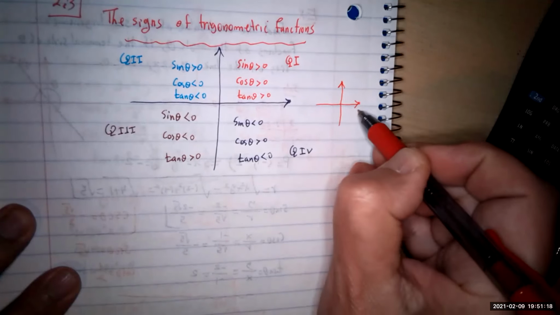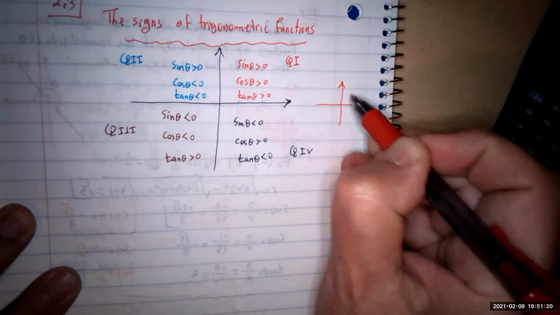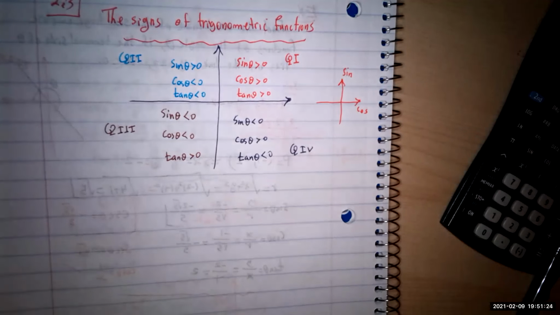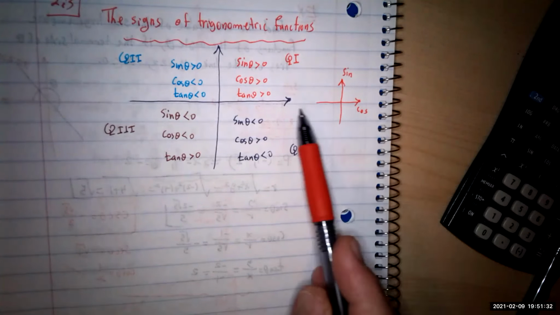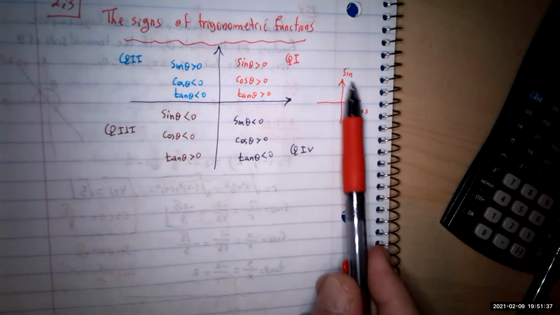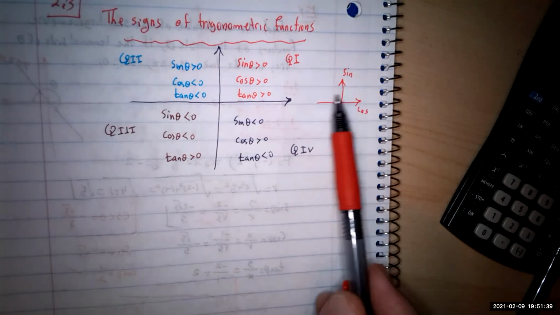The x-axis would be changed to the cosine, and the y-axis would be sine. When we get to the next chapter, that would happen. So to remember that, think about the cosine on the x, sine on the y. Positive, positive, you multiply them together, that gives you the tangent.